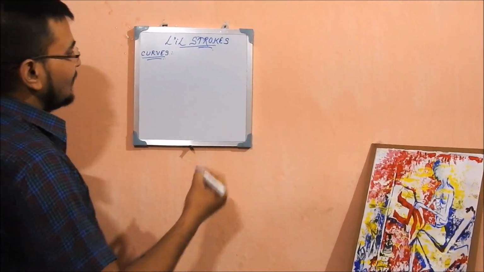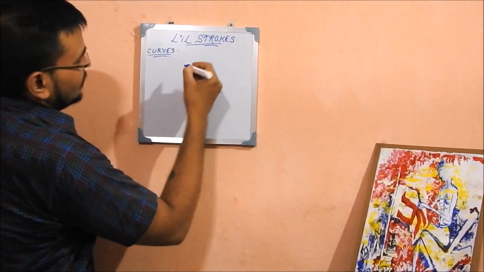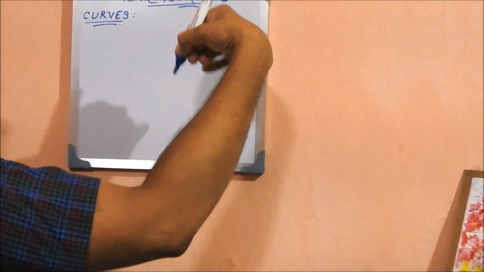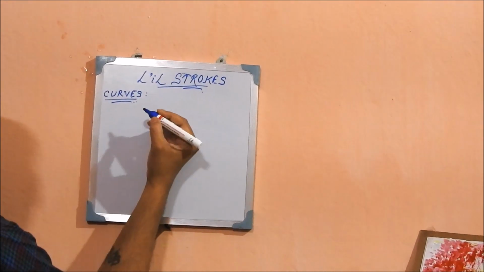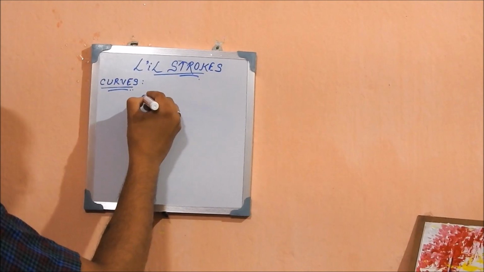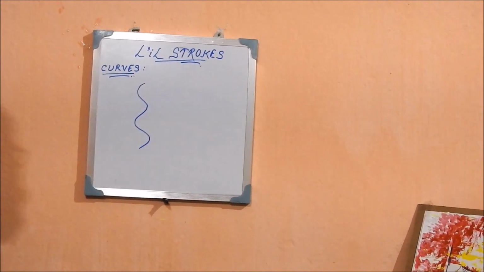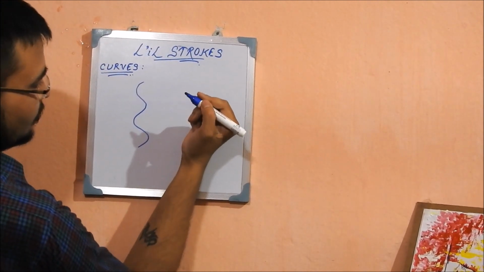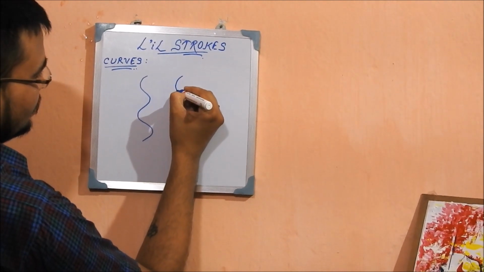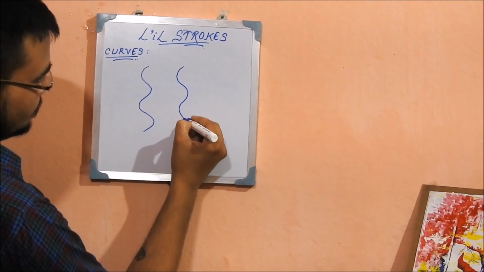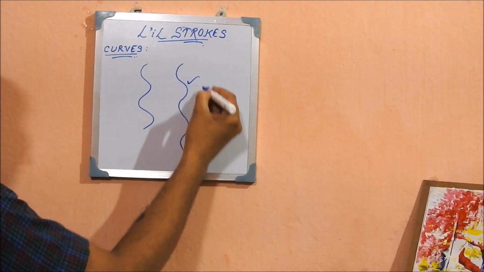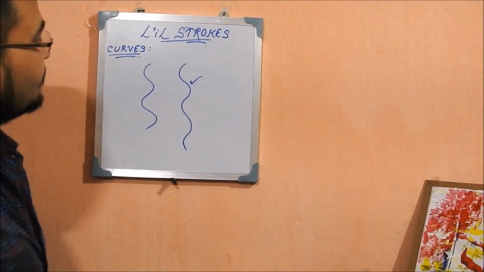So let's draw. If you draw like this, I mean you are not touching your hand on the page, you are just drawing like this, then it will come out like this. But if you drop it here and draw, then you see it's more perfect.